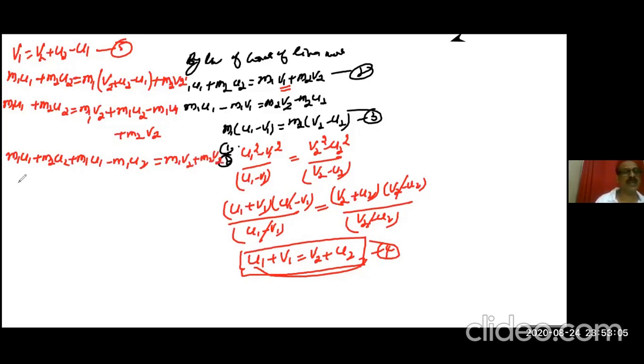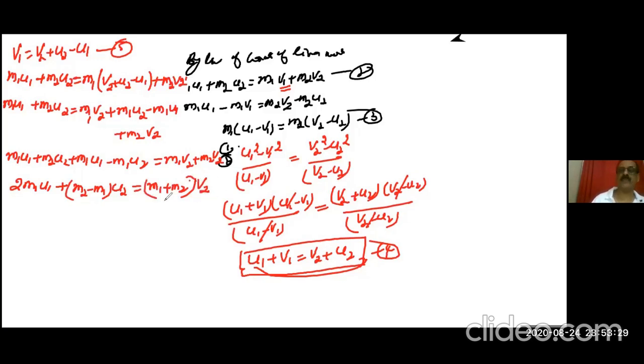So now on the left side we can write M1 U1 plus M1 U1 is 2 M1 U1, plus M2 U2 minus M1 U2, that means M2 minus M1 into U2, U2 common, is equal to M1 plus M2 into V2.